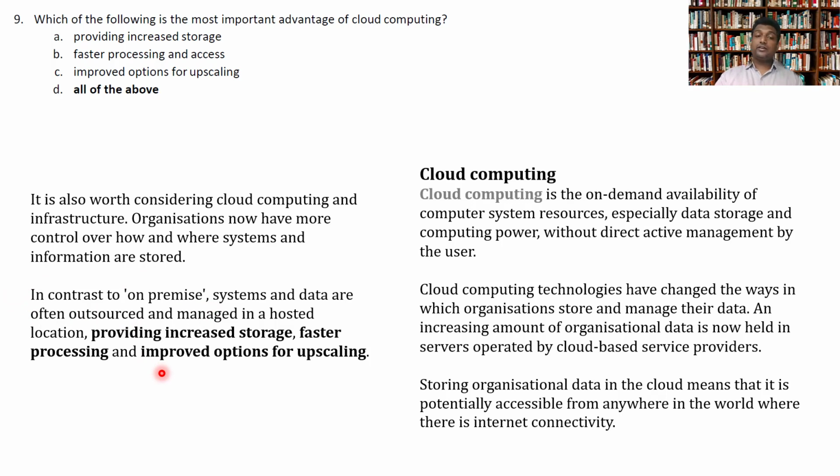But that's not the case with cloud computing, because all these systems and technology are managed by a third-party organization, so they have the capacity and the facilities to do that. So whenever you need more features, or an upgrade, or different facilities, you can just request for that and immediately it will be available.